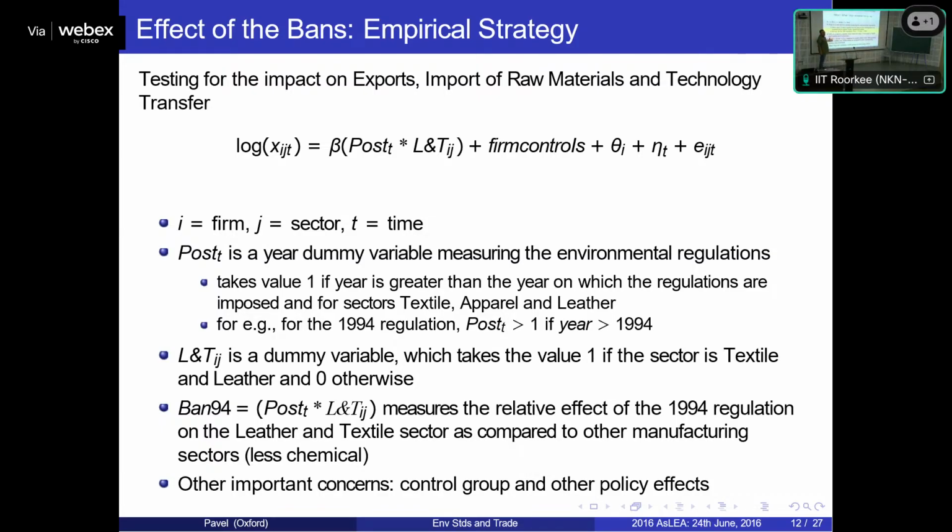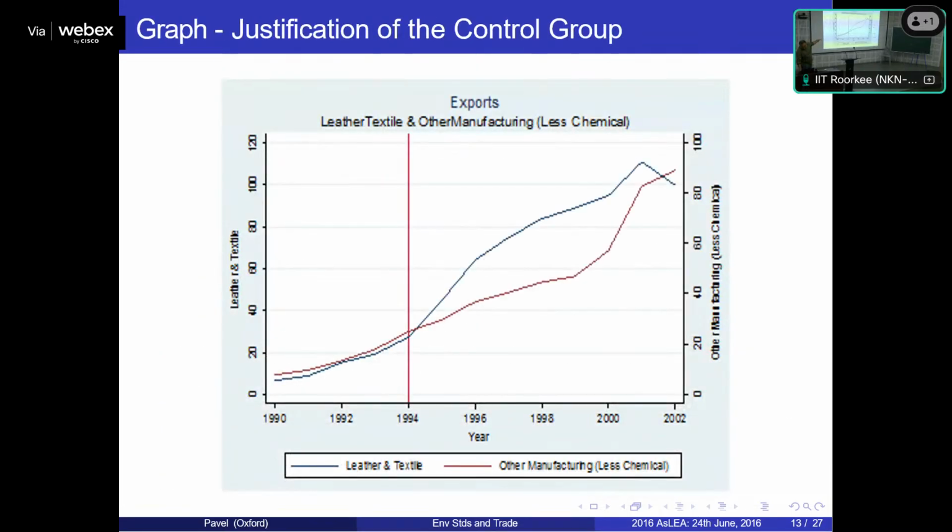In this data set, we completely drop the chemical sector because there are input-output linkages with the chemical sector. So our beta simply gives the relative effect of the ban on a firm in the leather and textile sector, given all other sectors. It's a pretty standard DID setup.